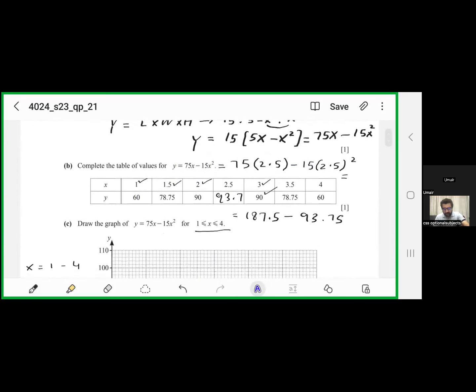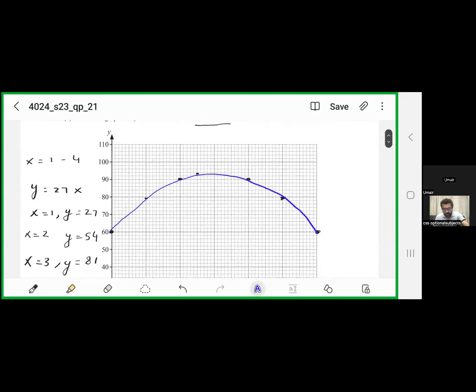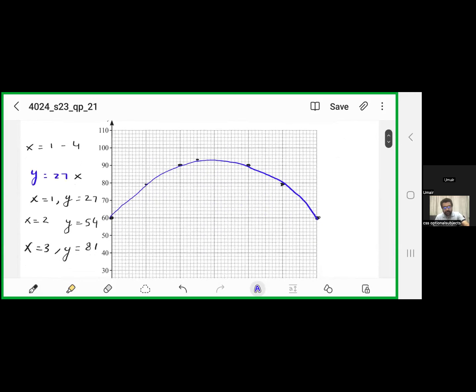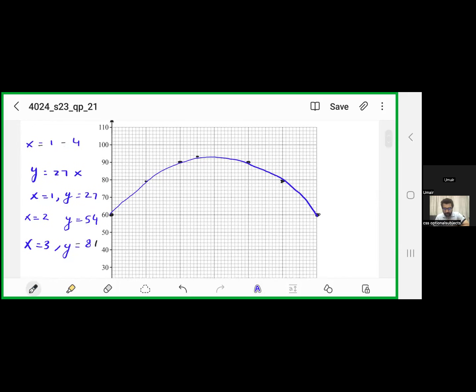Similarly, we will draw the line for the volume of pyramid. This is the equation for volume of pyramid, and we will plot this line using the values of x from 1 to 4. When x is 1, we can calculate value of y. When x is 2, we can calculate value of y. So let us draw this line.